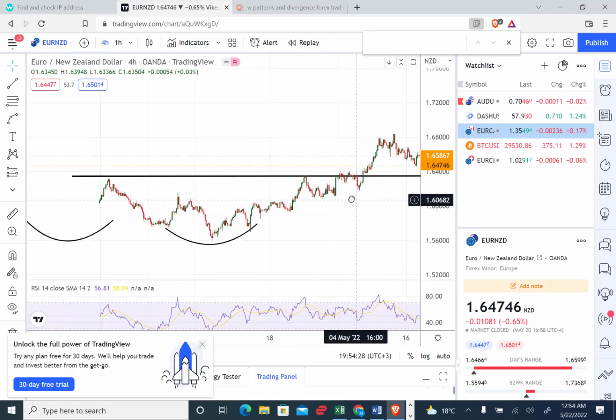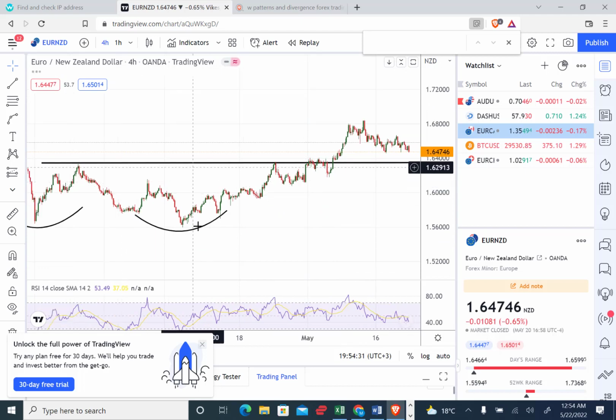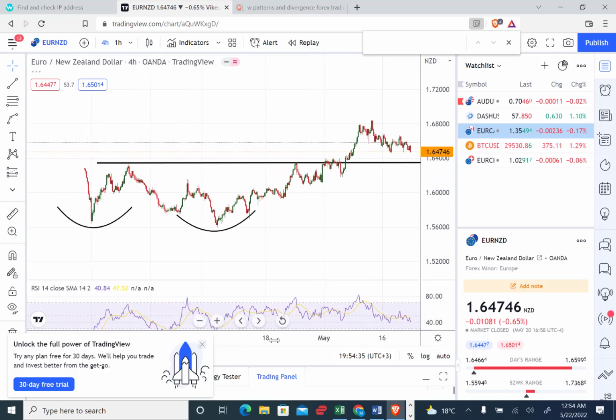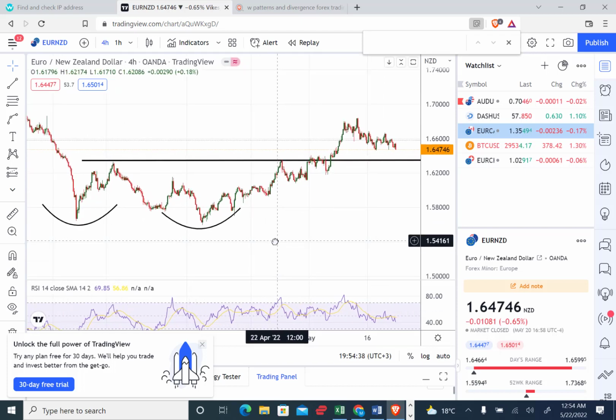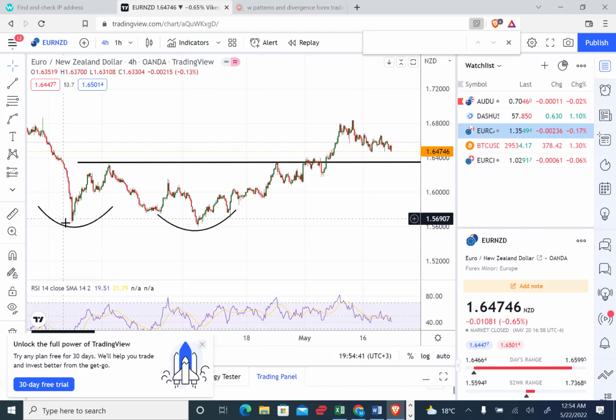Yeah, this is a good example. So this is Euro NZD, of which I'll be doing analysis, so expect to see it within the week. You now notice the pattern that we've been analyzing here. The price comes, then it goes up, then comes down to almost the same level.